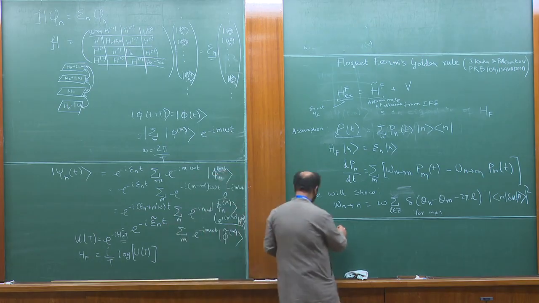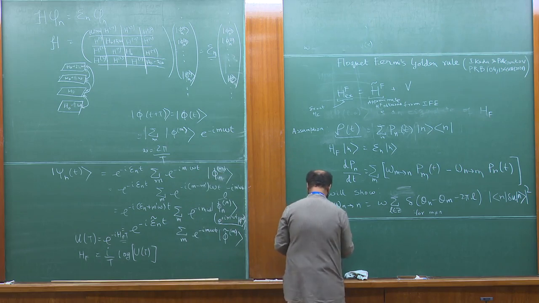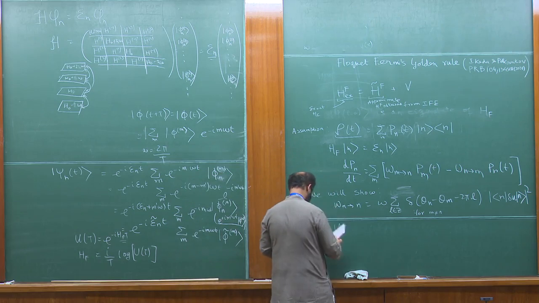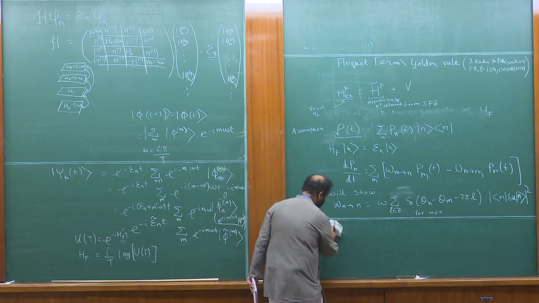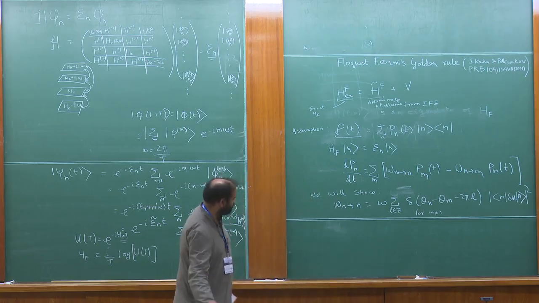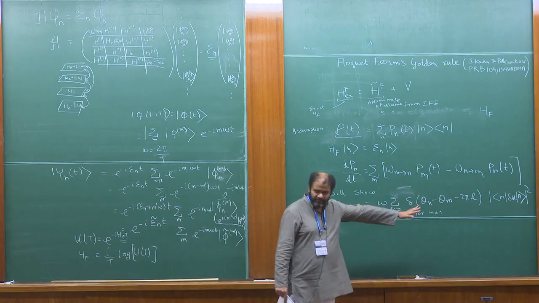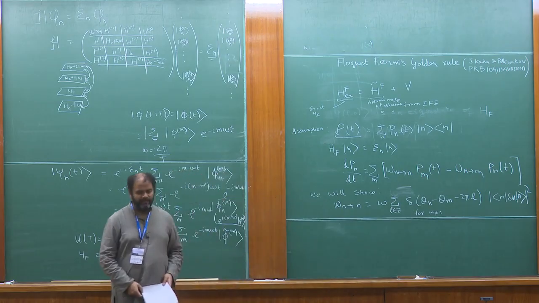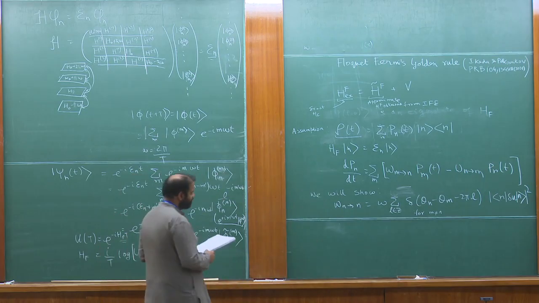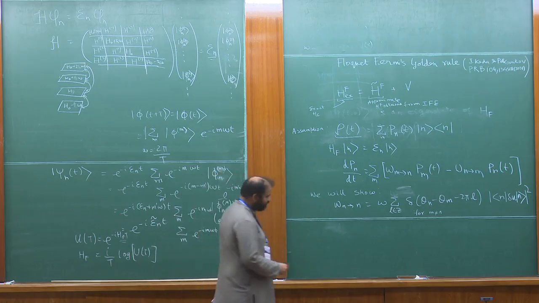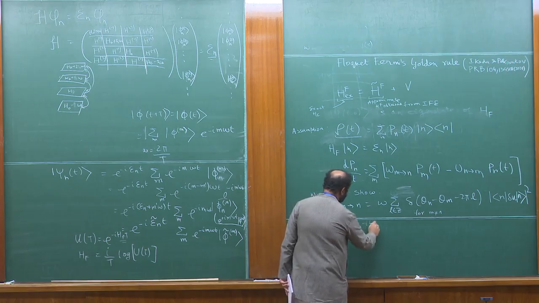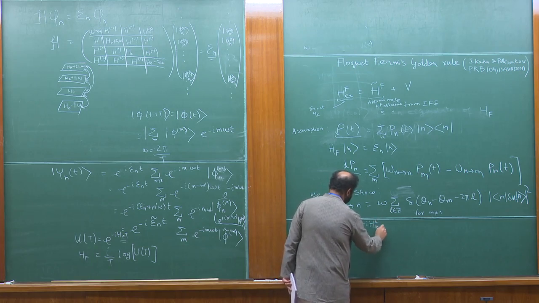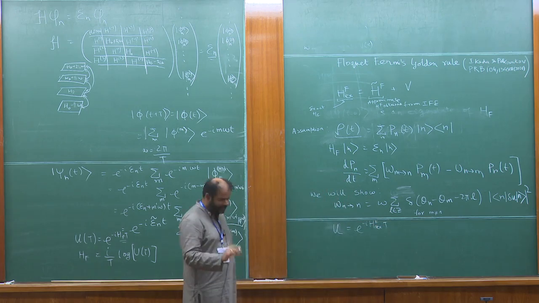So let me call the actual one... So I want to just tell you what the different terms here are. My actual Floquet operator is U, which is e to the power minus i hf exact t, right?